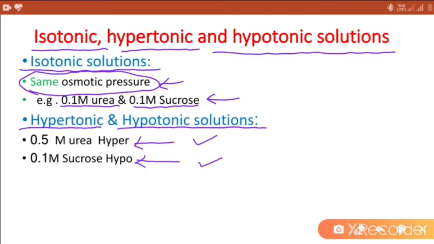Means the solution whose concentration or osmotic pressure is high is called a hypertonic solution, and the solution whose osmotic pressure is lower is called a hypotonic solution.